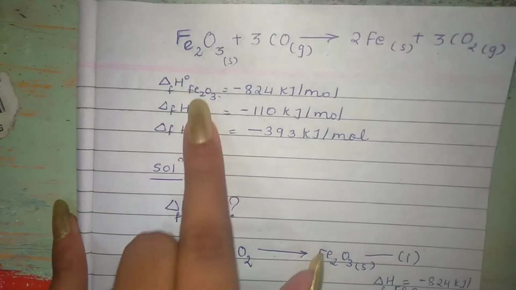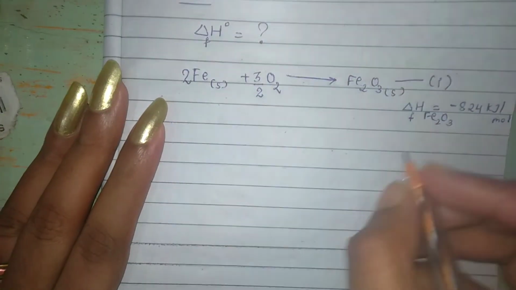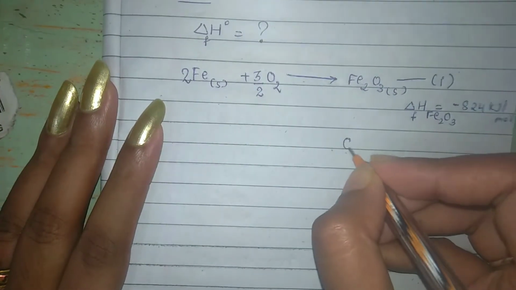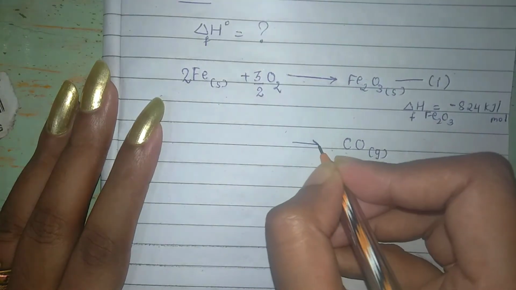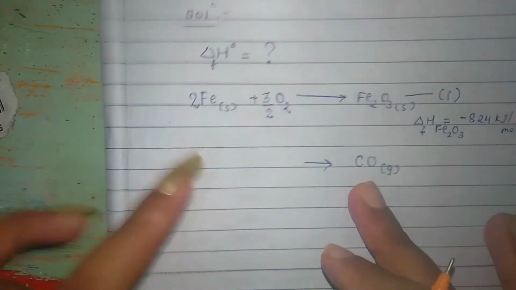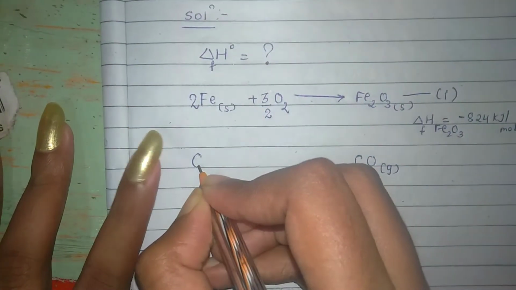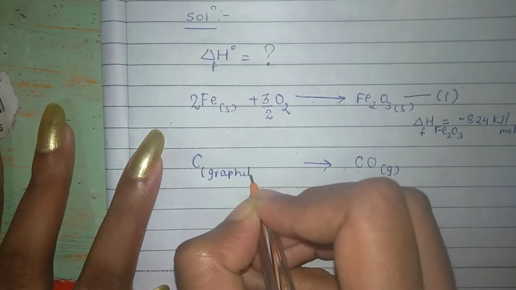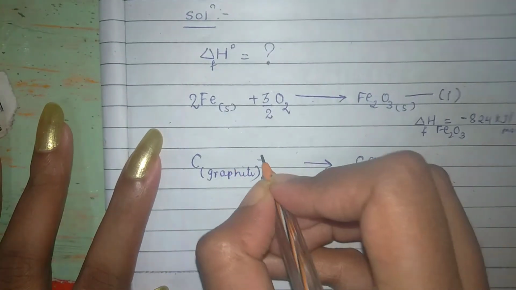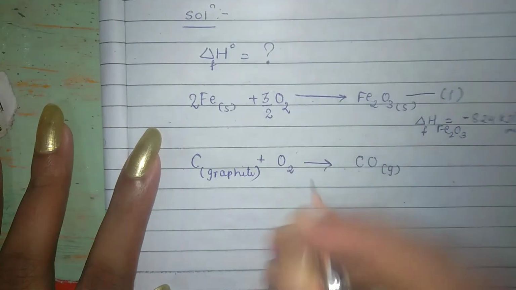Now what is the next thing given? The next thing given is the enthalpy of formation of carbon monoxide, that is CO, which is in gaseous form. So how to form this? In the same way, carbon in its stable form exists in graphite form, plus oxygen you will write like this.